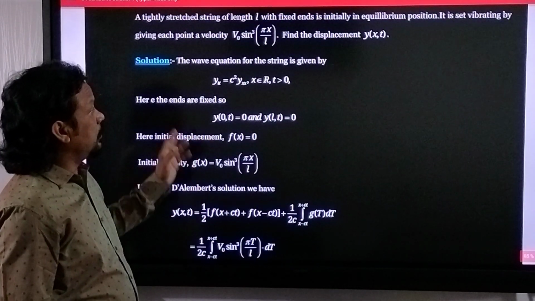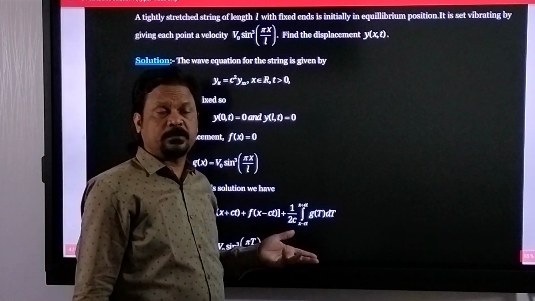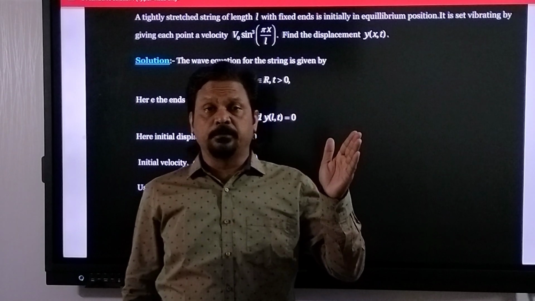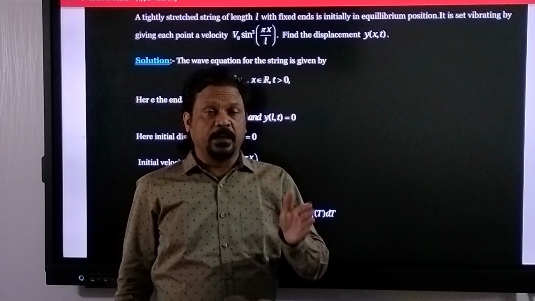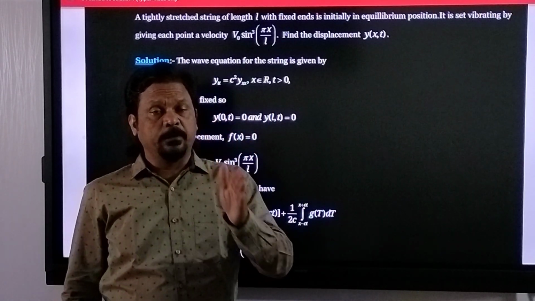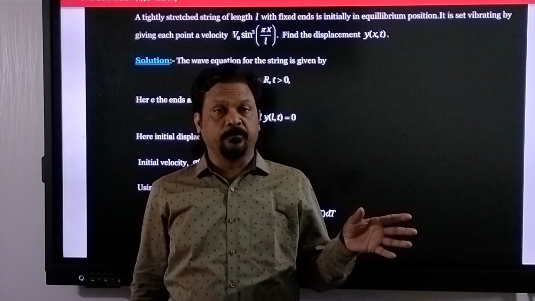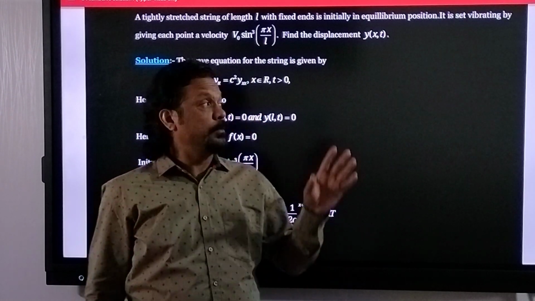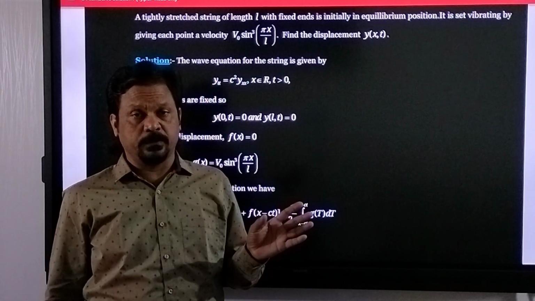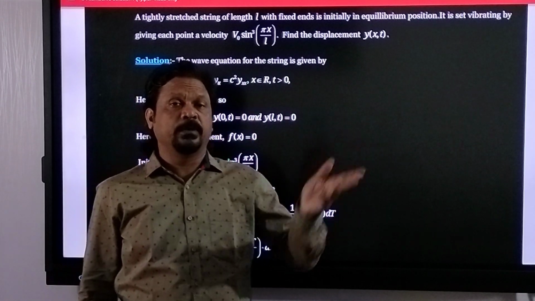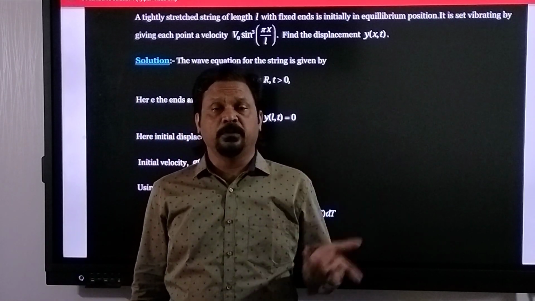If the displacement or the velocity is given in separated intervals, for example from 0 to L by 2 the displacement is something, and from L by 2 to L the displacement is another, in that case it will be difficult to apply the D'Alembert's equation. So for that, you can move according to the general method.